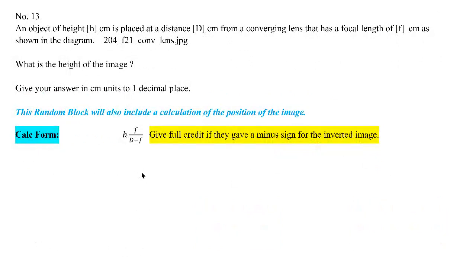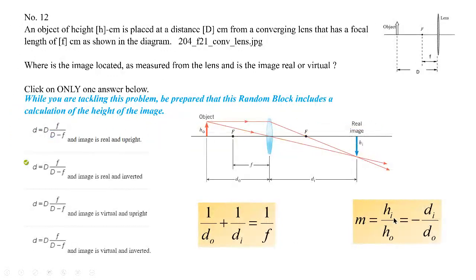Okay. Now, this is to follow up on that, where you now want to know what the height is. You remember there's this formula, which says that the height of the image is related to the image distance. And there is this minus sign, which says that if it is minus, it means it's inverted.